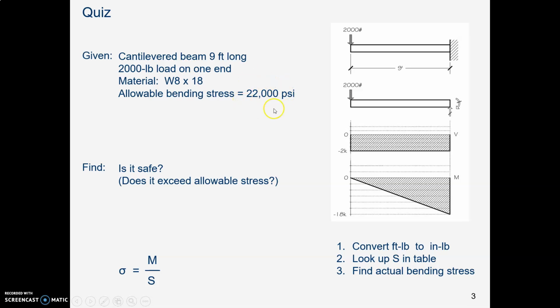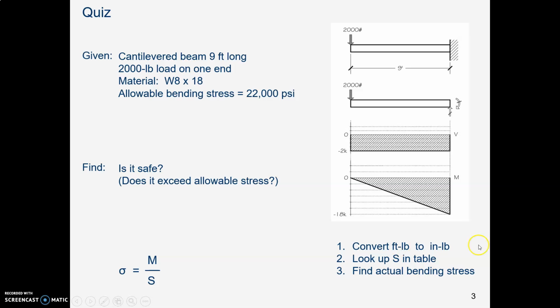But this is a very common allowable stress with a factor of safety of 1 2/3. So you'll see this number show up a lot. And what we want to know is, what is the bending stress in this particular beam, and is that safe? Is it less than the allowable stress, or is it more than the allowable stress?